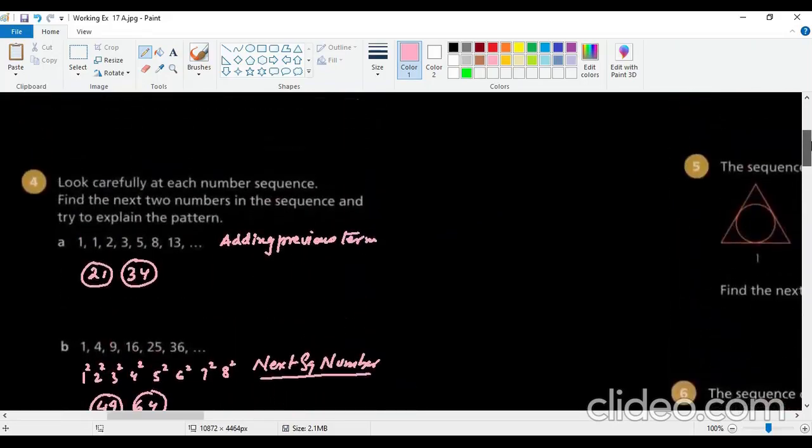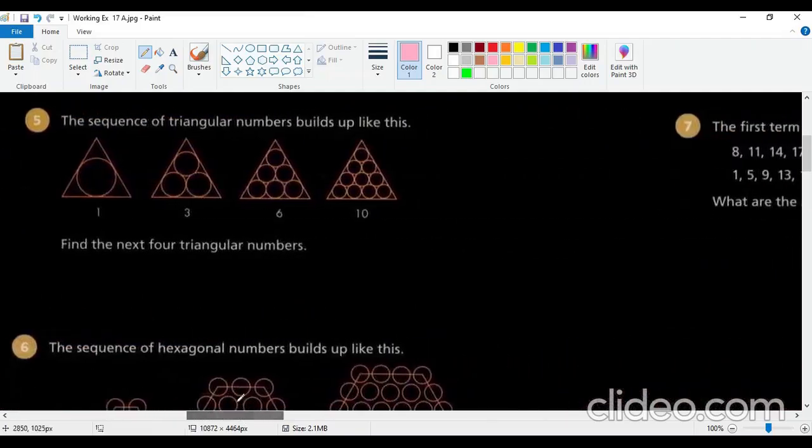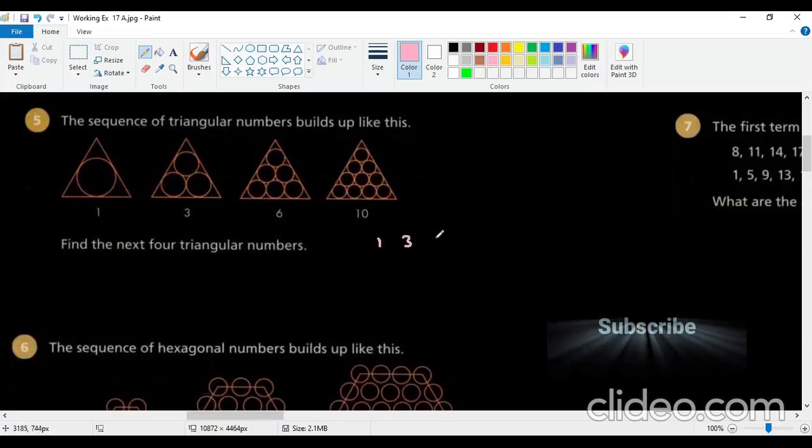Now comes question number 5. Here, there is a triangle and a circle inside it. The next one also has a triangle, and inside there are 3 circles, and then comes 6, and then comes 10. If I look at the pattern, it is 1, 3, 6, 10.